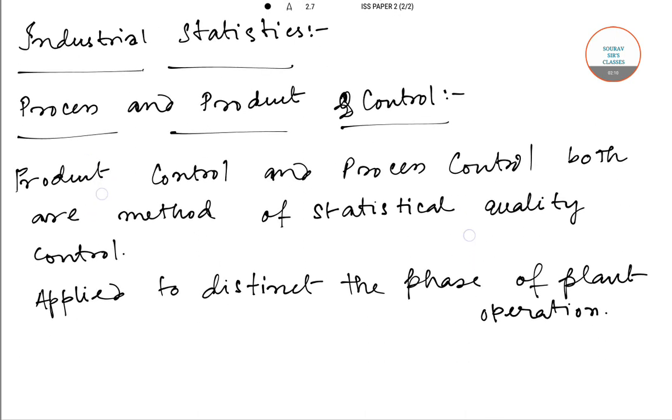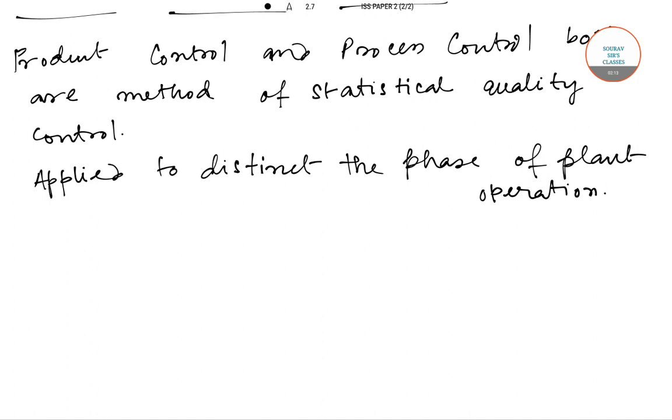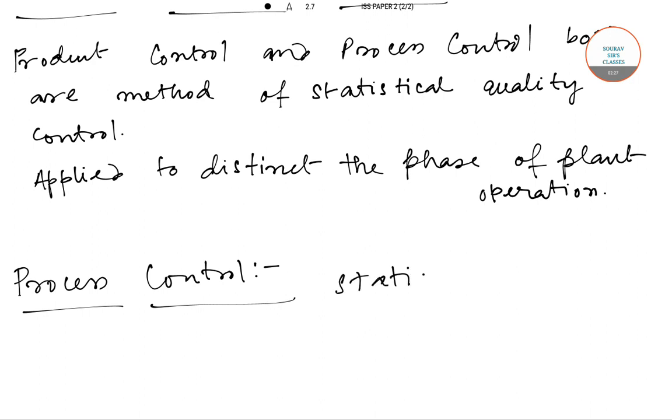Now I am going to discuss process control in a more descriptive way. Process control is actually a statistical quality control, I already told you about it. Now it's very important to focus on what it uses in industrial statistics and how this helps us in controlling the quality of the product.